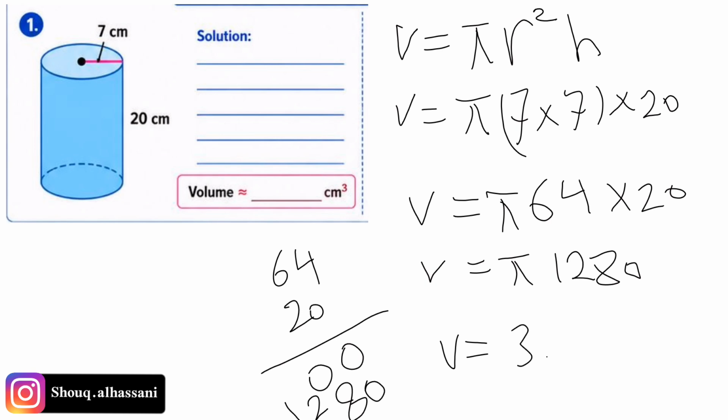So 3.14 multiplied by 980 is 3077.2. So this is the answer, cubic centimeters.